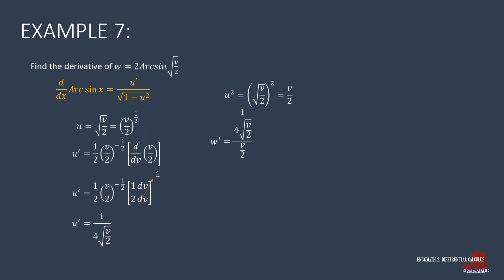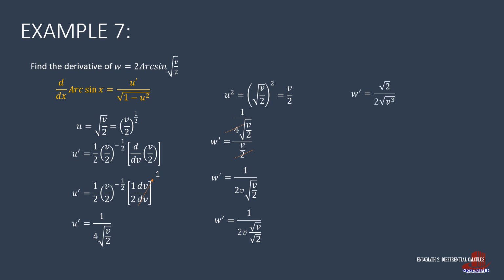Plugging them into the main prime equation, we have w prime as 1 upon 4 root of v all over 2 divided by v all over 2, where 4 and 2 are cancelled, reducing w prime as 1 all over 2v times the root of v all over 2. If we distribute the radical sign in the denominator, we get 2v times the root of v all over the root of 2.